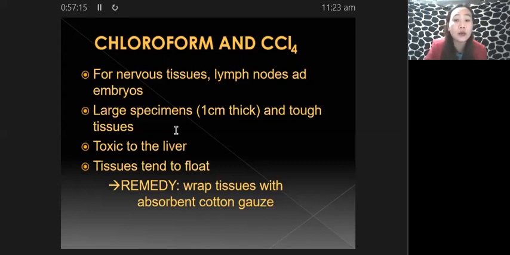In this case, you can wrap your tissue samples with absorbent cotton gauze. Sorry, it's cotton gauze, not cotton or gauze. The word cotton describes the gauze. So, those are the things that you have to remember for your chloroform and your carbon tetrachloride.